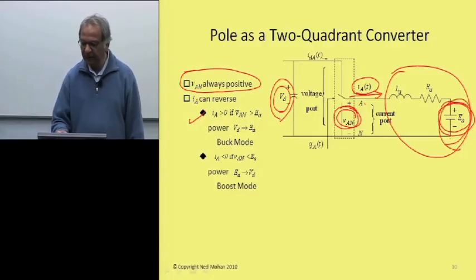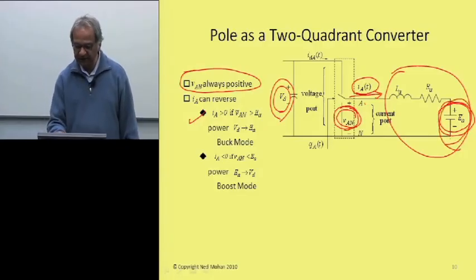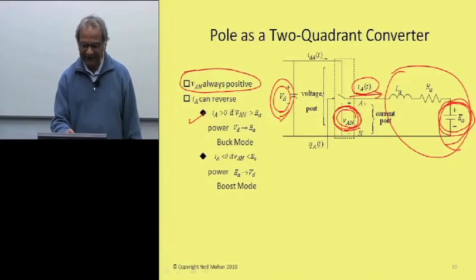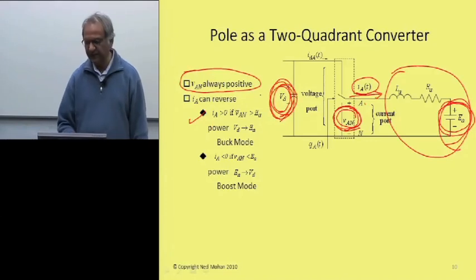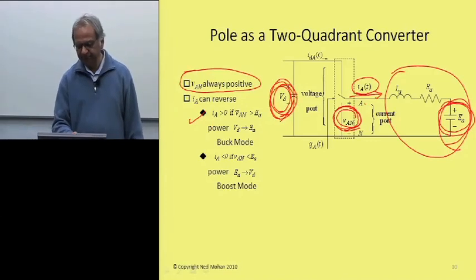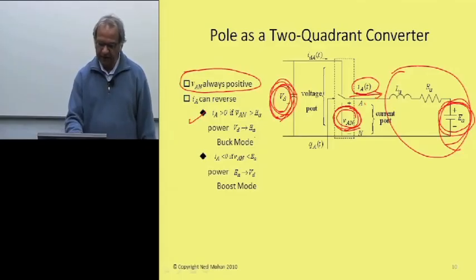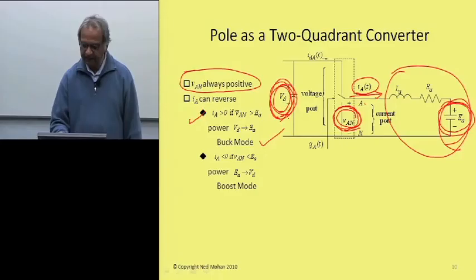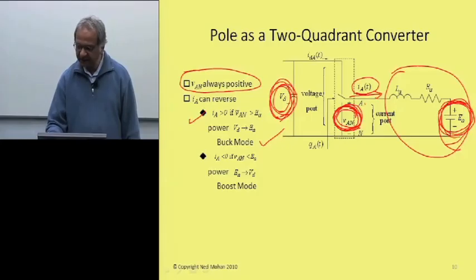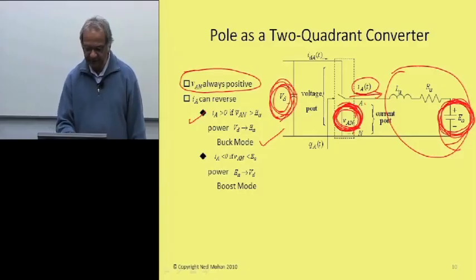Okay, so this is called a buck mode because this average voltage would always be less than this voltage over here, right? So power is flowing from a higher voltage to the lower voltage. So this is called a buck mode. Whereas if you can make this average voltage less than E sub A, then this current here would reverse direction.